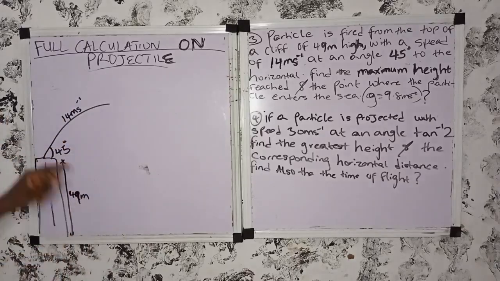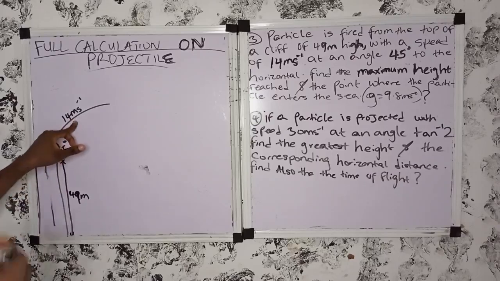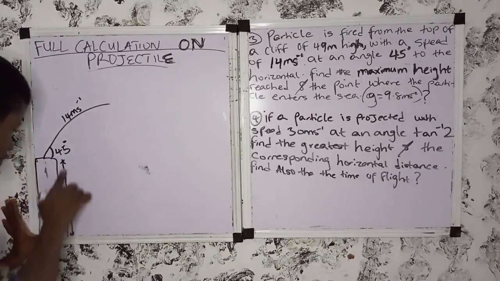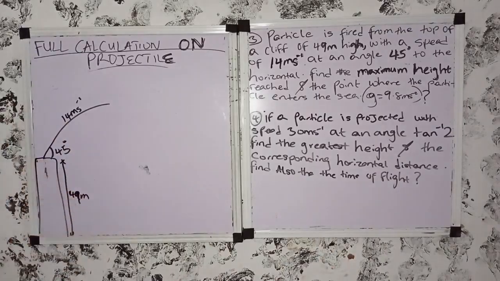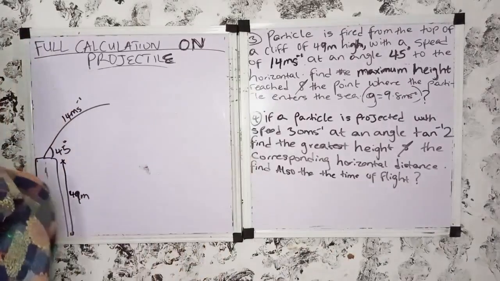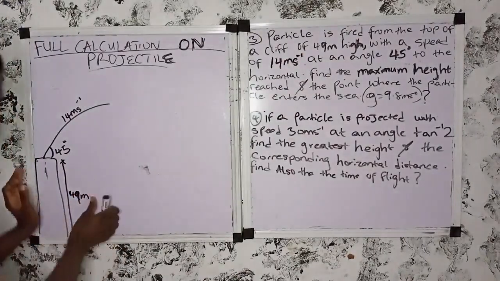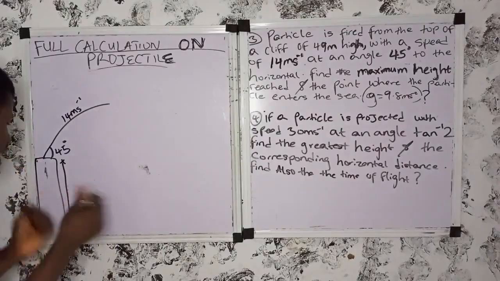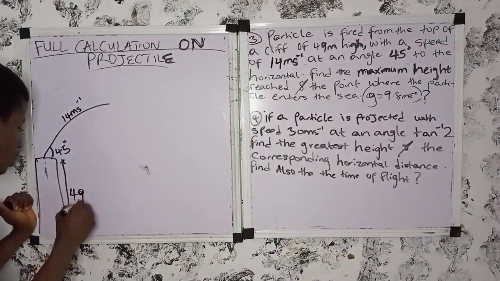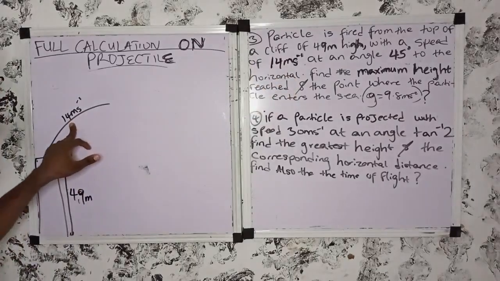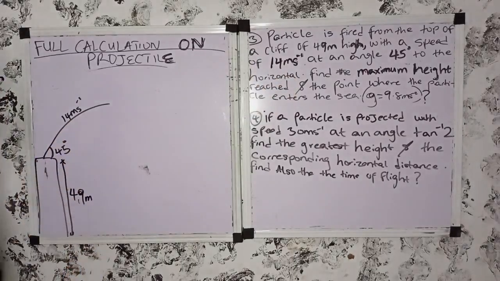So this is the angle, then this is the speed with which the particle was fired. Now this one is the height of the cliff. Let me write it well: 49 meters high with a speed of 40 meters per second at an angle of 45 degrees to the horizontal.